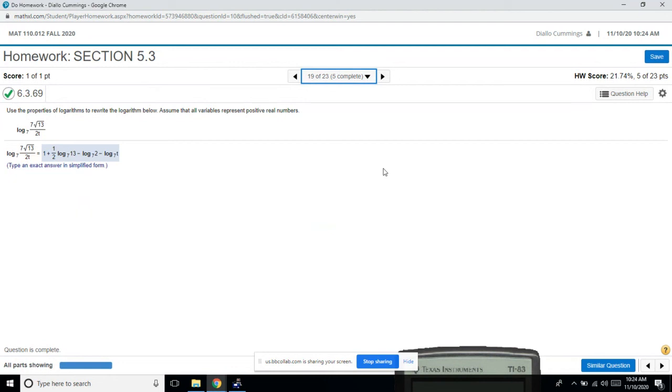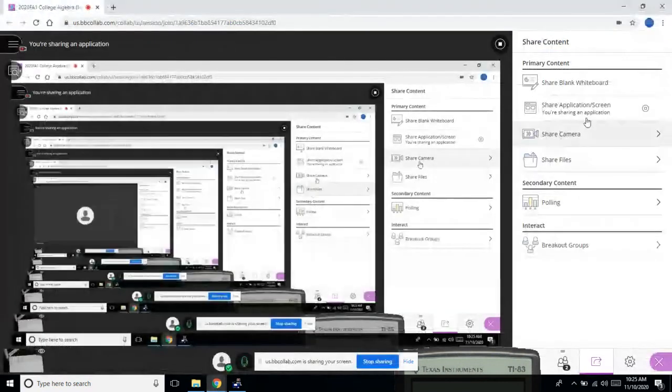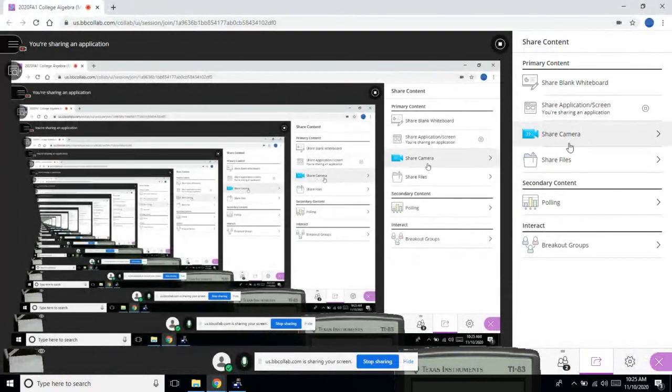Okay. Probably won't see one like number 19 on the test, but just for clarity, I want to go through this problem. All right, just to show how this answer is developed. I'm going to go back to our document camera.